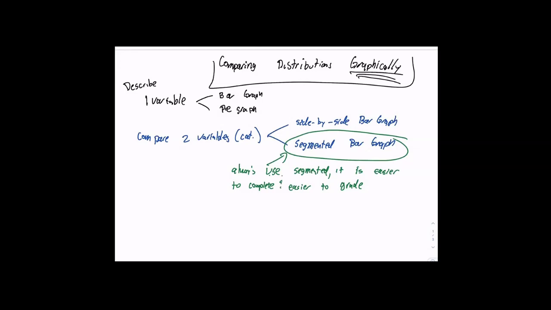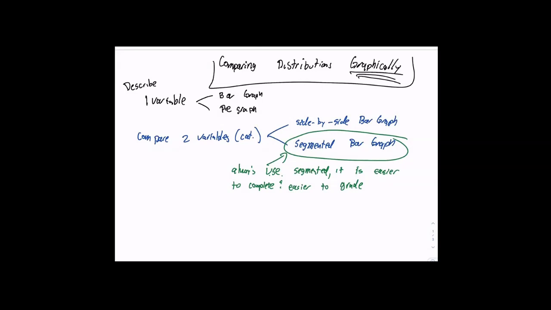You can do a side by side. Unless I specifically say to use a segmented bar graph, if I just say compare and I don't tell you how to compare, then you have the option to go side by side, and if you do it correctly, you'll get full credit. I see way more mistakes by students who try to do a side-by-side bar graph. If a student tries to do a side-by-side bar graph, I see more often than not that the student will make a mistake.